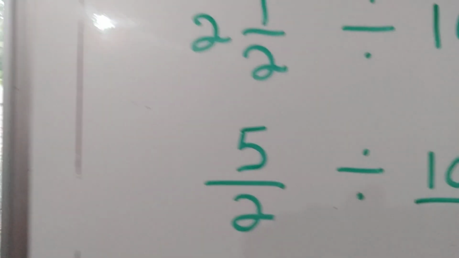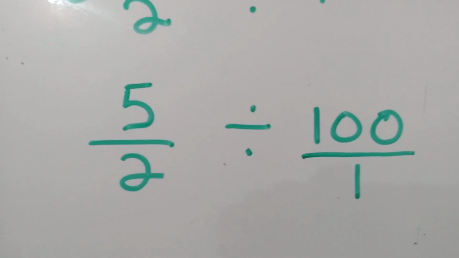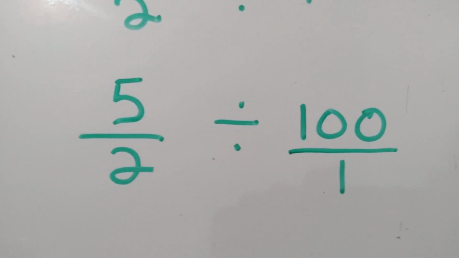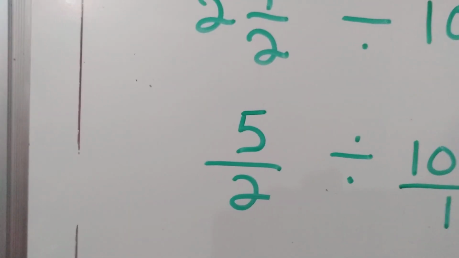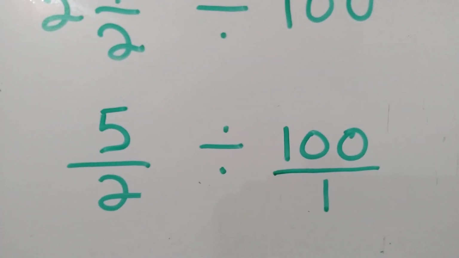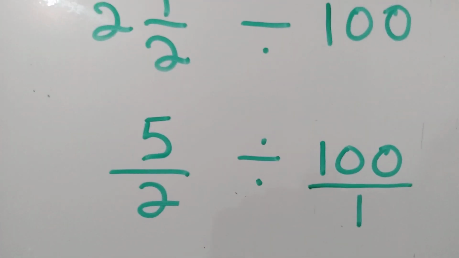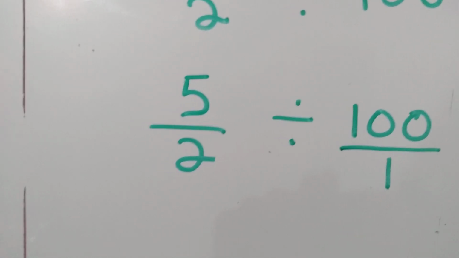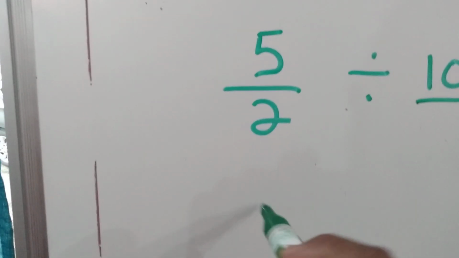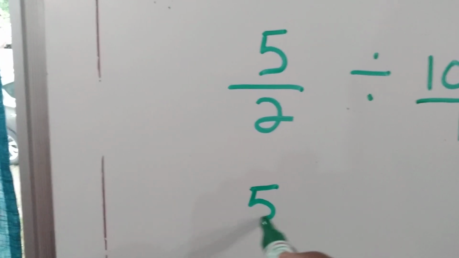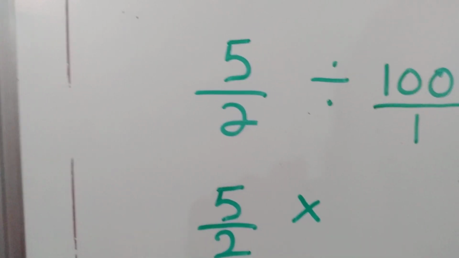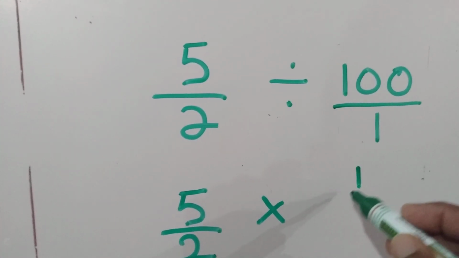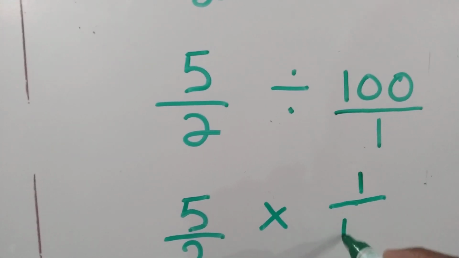Good. So now we have what appears to be two fractions in our problem. Now there's another rule. When you're going to divide using fractions, we do the opposite, right? Let's make life easier and multiply instead. So 5 over 2 multiplied by 1 over 100.